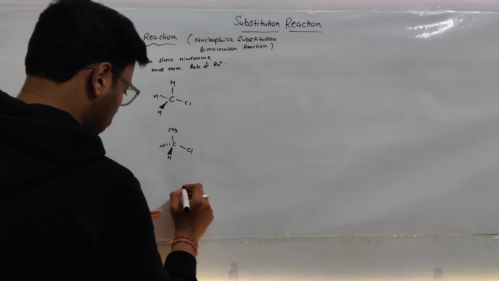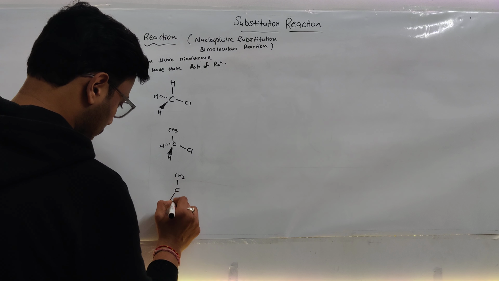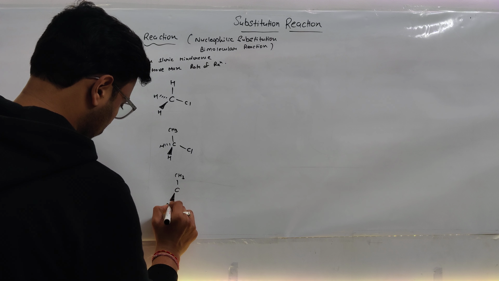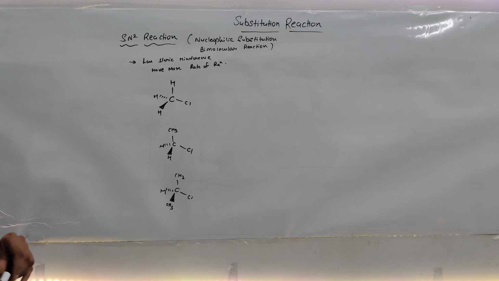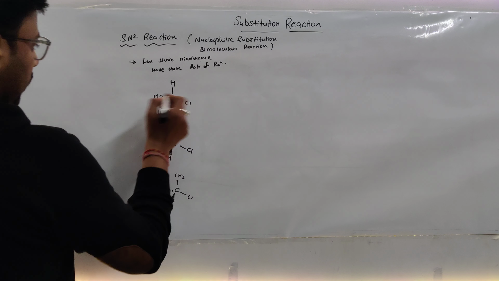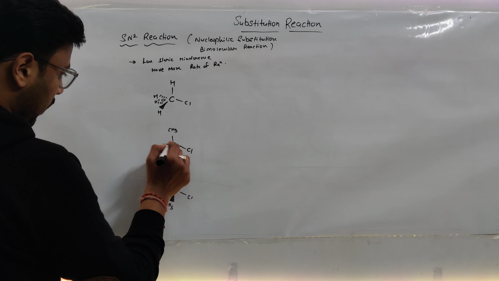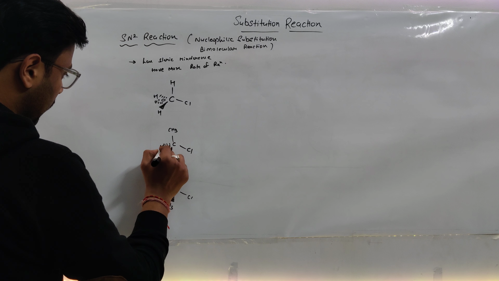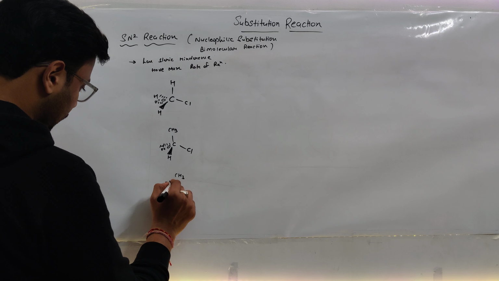I am also taking one more case, when we have two CH3 groups. We have an antibonding orbital here, this also has an antibonding orbital, and this also has an antibonding orbital.